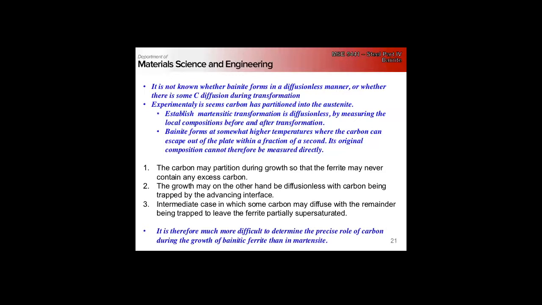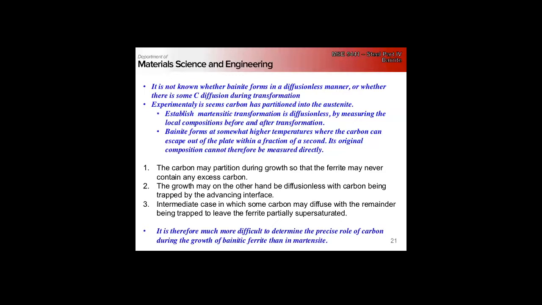We can only measure the composition after the cooling, right? So there's three situations that can happen. The carbon could have partitioned during growth, so that the ferrite never contains any excess carbon. That's one extreme, complete partitioning.